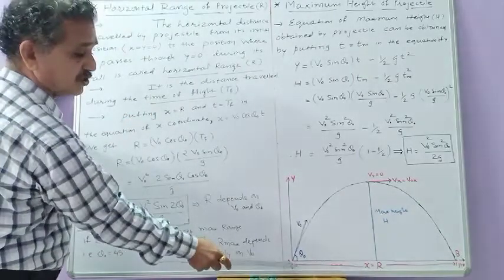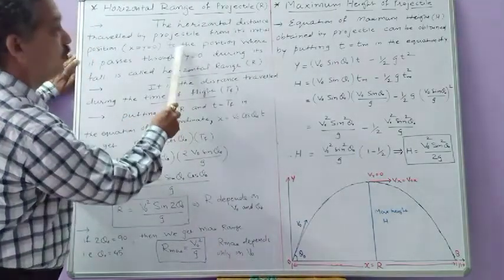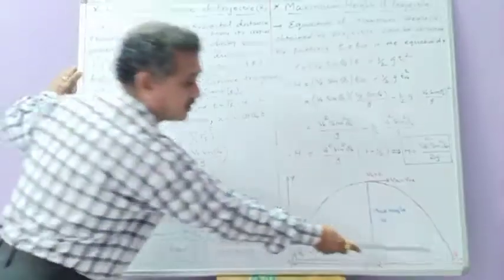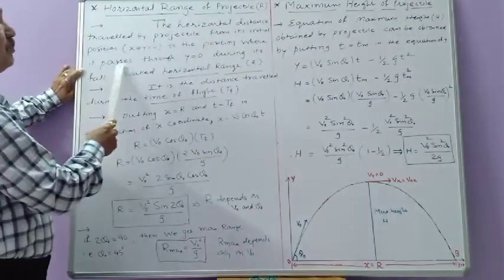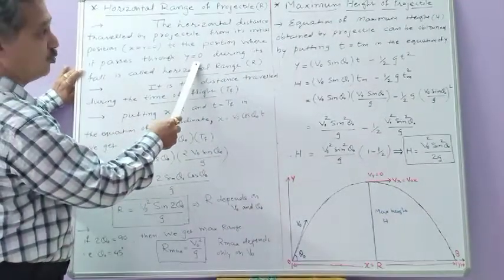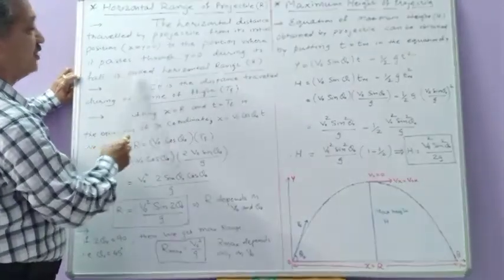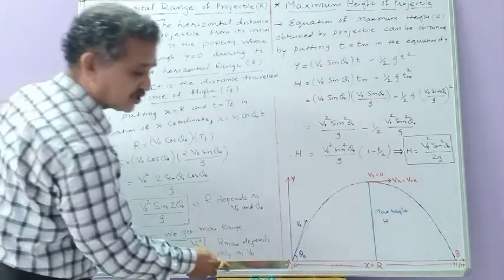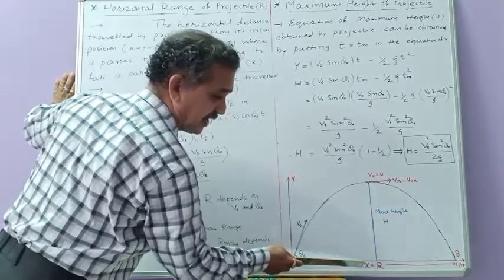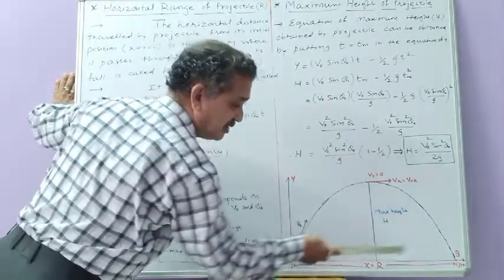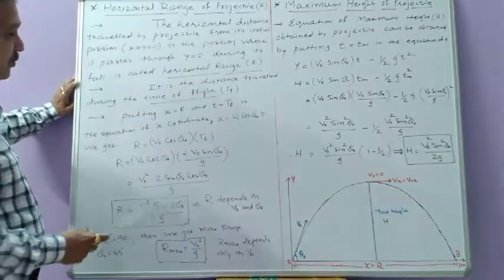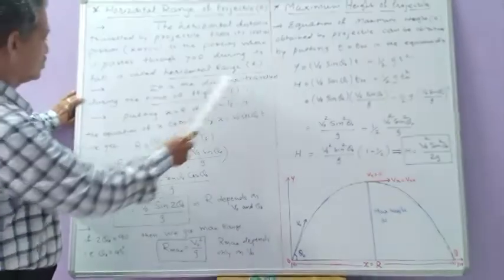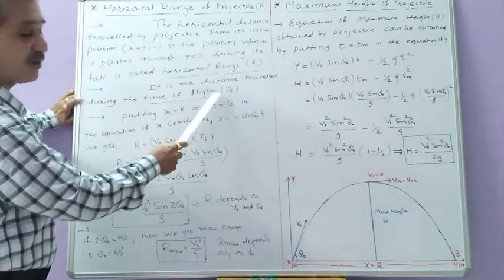So this initial position x equal to 0, y equal to 0, to the position where it passes through y equal to 0 during its fall is called the horizontal range. So here we have to measure the distance from O to B, that is the x coordinate of the point B, and it is known as range of projectile. So it is the distance travelled during the time of flight, tf.